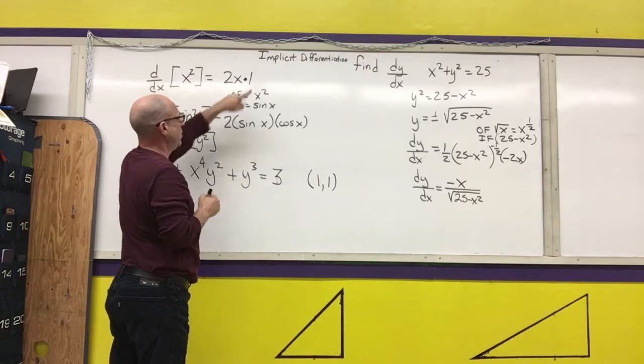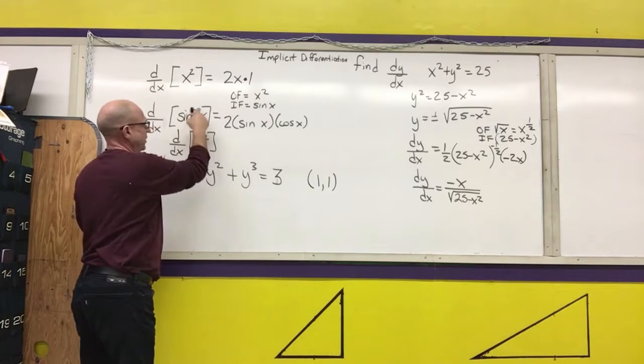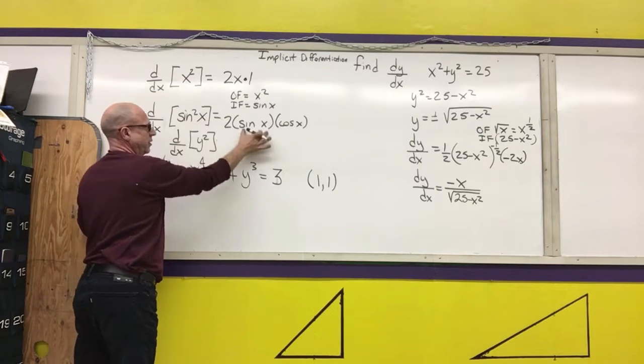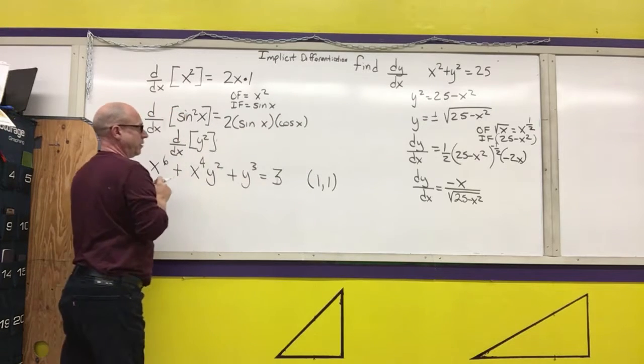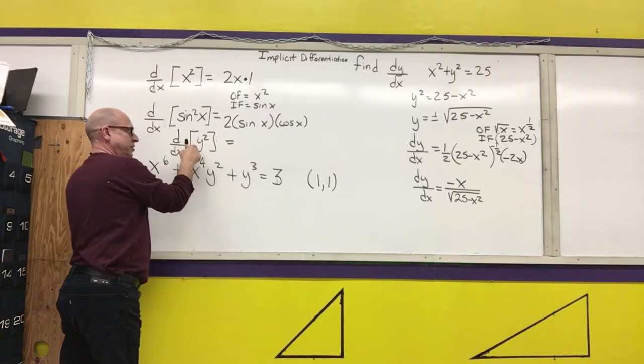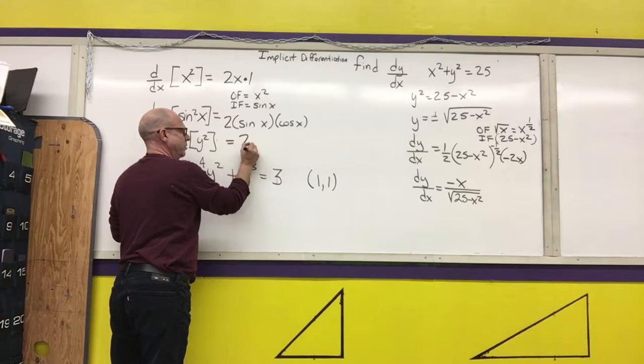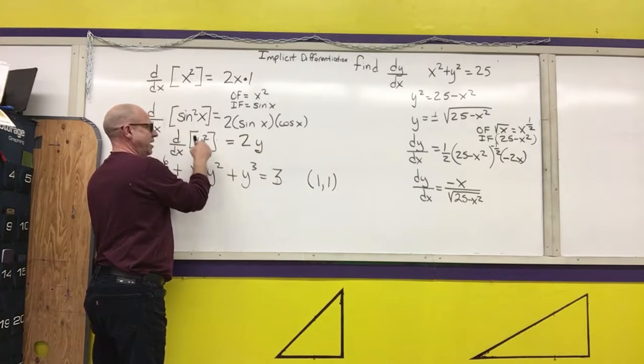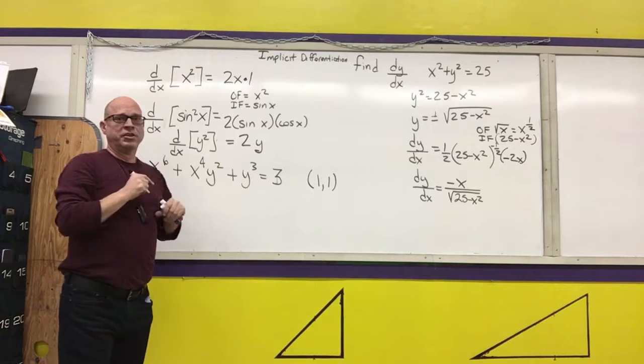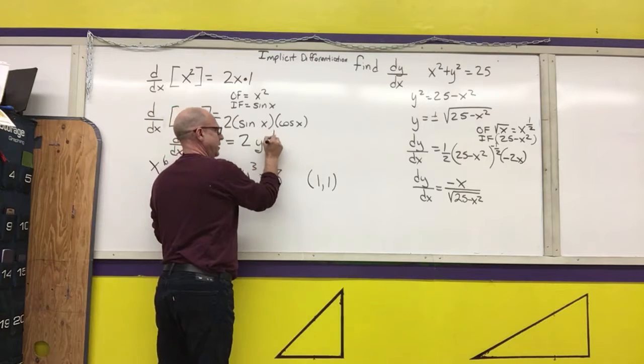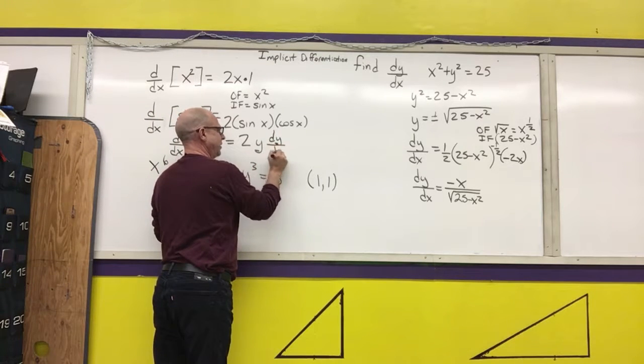The derivative of something squared is 2 times the something times the derivative of the something. The derivative of y with respect to x is dy/dx.